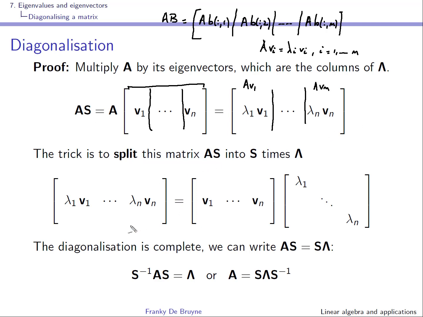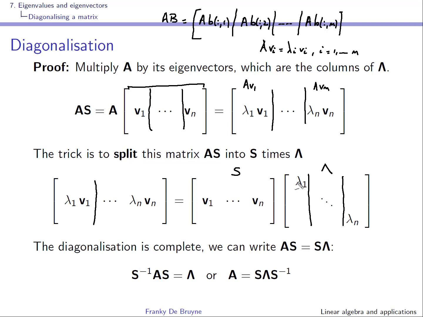We've rewritten this matrix over here, and you can show that it is the matrix S times the matrix lambda. Indeed, if we divide this in columns, the product S times lambda will be the matrix S times the first column of lambda, but that will be, of course, just lambda 1 V1. Don't forget that S times the first column of lambda is a linear combination of the columns of S using the coefficients.